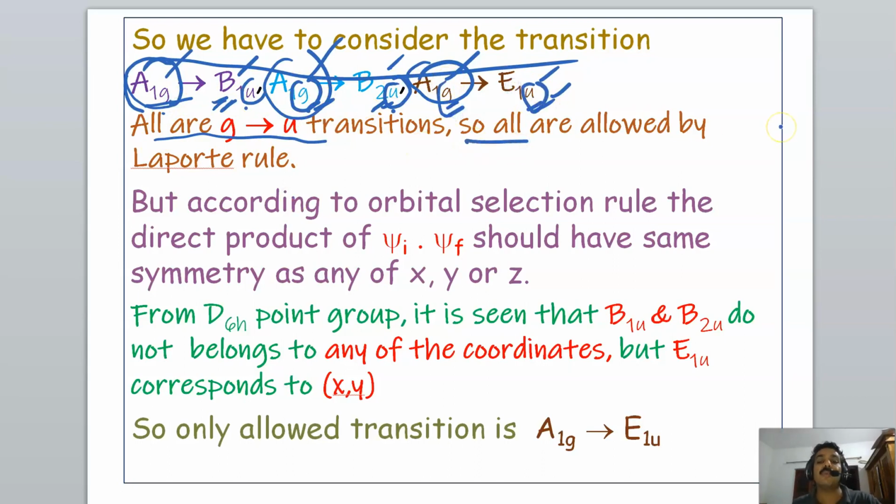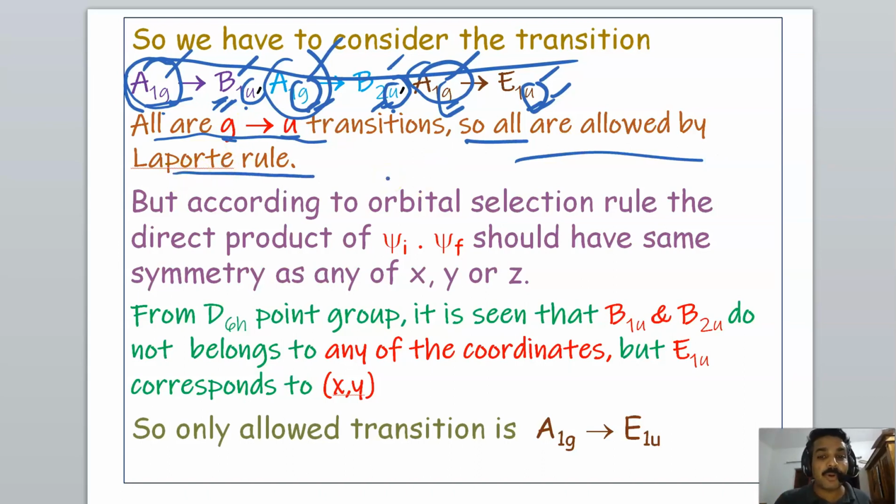So according to the Laporte selection rule, we have studied that only those transitions with change in parity or change in symmetry are allowed. And all these are G to U transitions, so all these transitions are allowed by the Laporte rule.